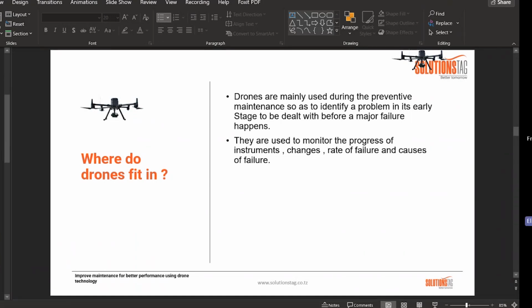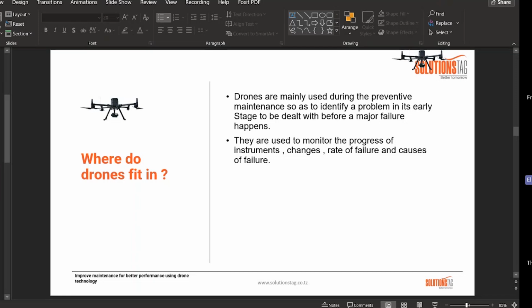Now, what are the advantages of incorporating drones in maintenance? Number one, as I said before, is early recognition of problems. In our first webinar, we saw the types of sensors that we put on the drones. Most of them can detect early-stage problems when they are arising.